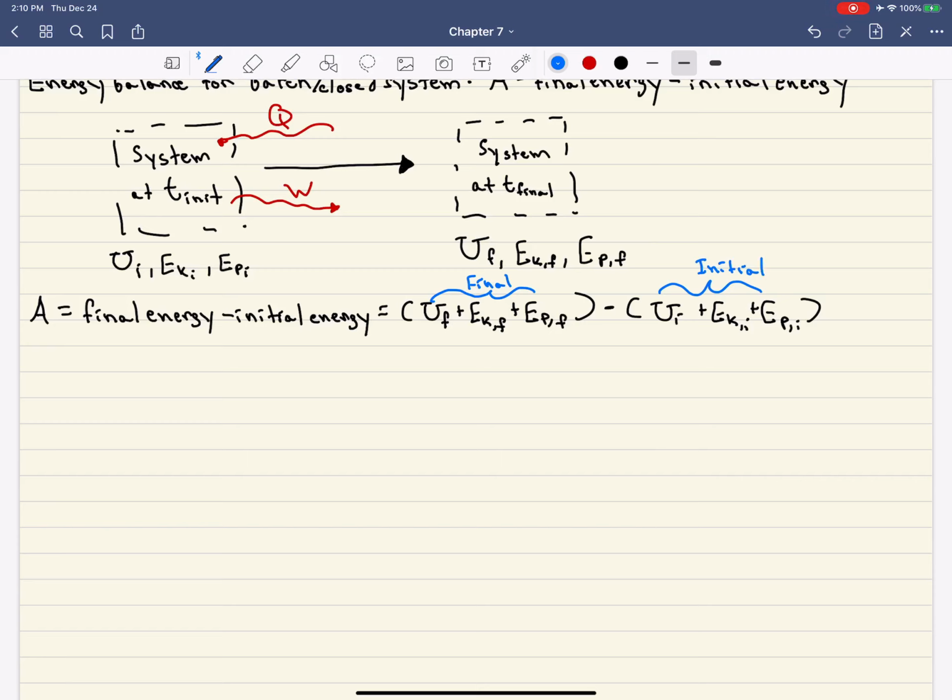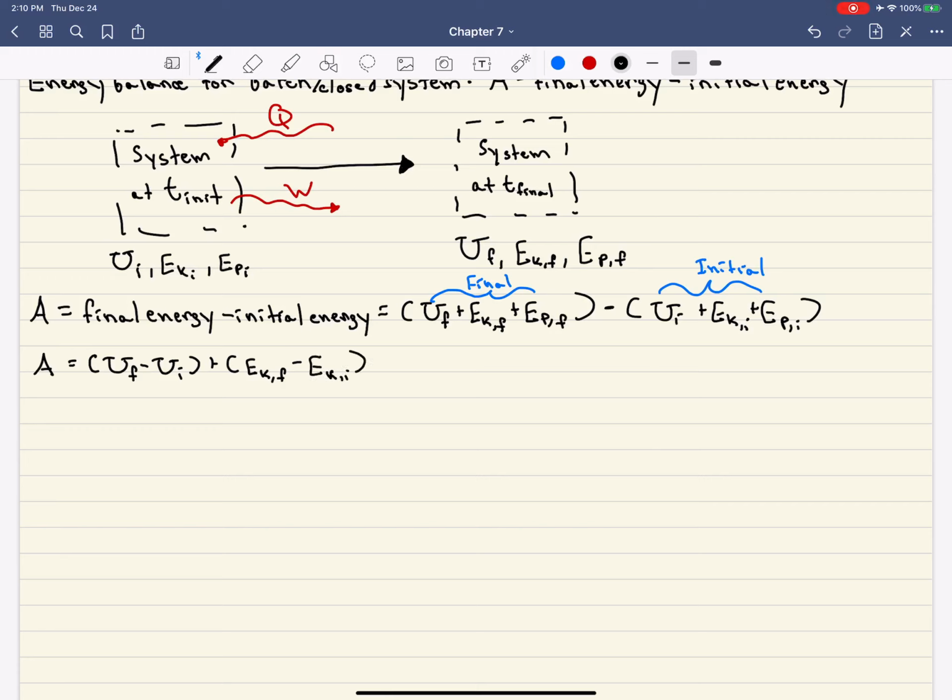Alright. Now, we could rearrange this equation so that rather than just having the final terms grouped together and the initial terms, we instead group each term by what type of energy it is. And so we could group the internal energy terms together. We could group the kinetic energy terms together.